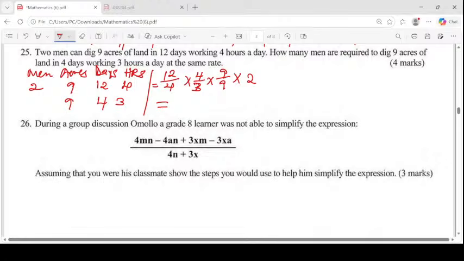That is 12 over 4 times 4 over 3 times 9 over 9 times 2. This is 8. So 8 men. How many men are required? They require 8 men to have that work done. I hope you've understood that analogy.